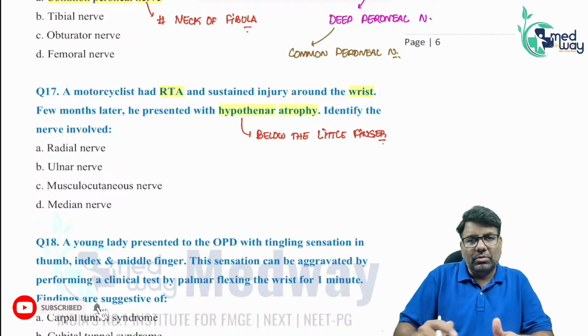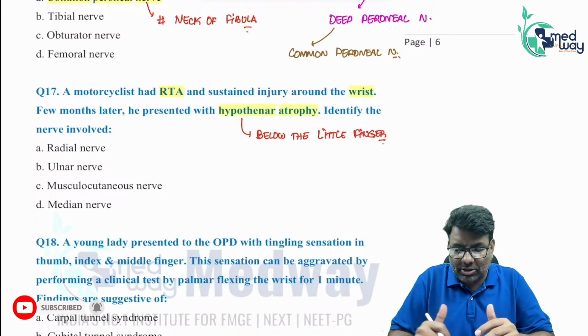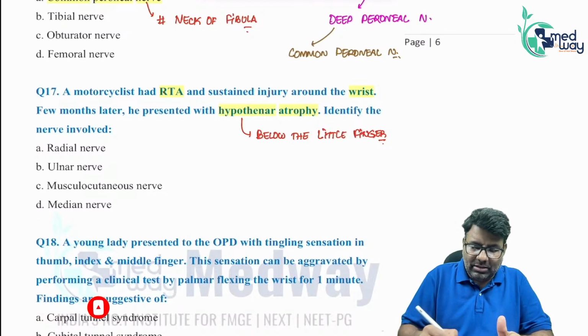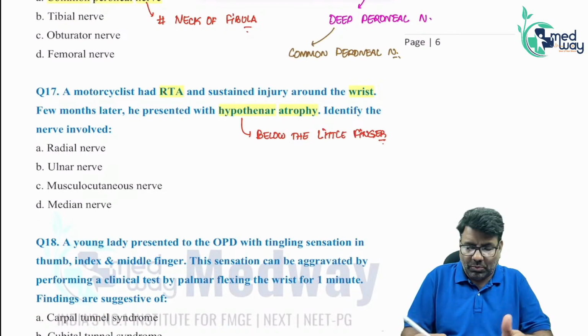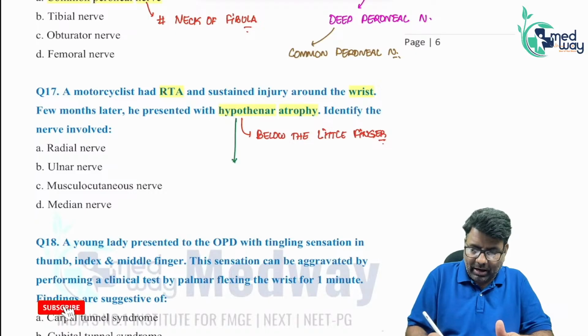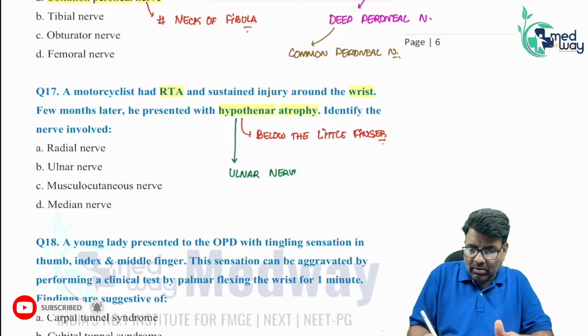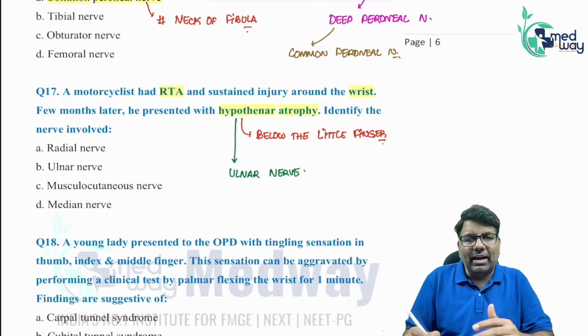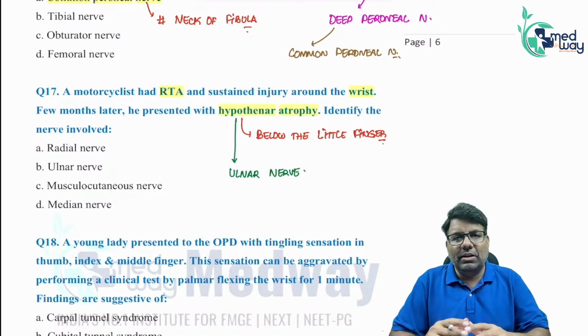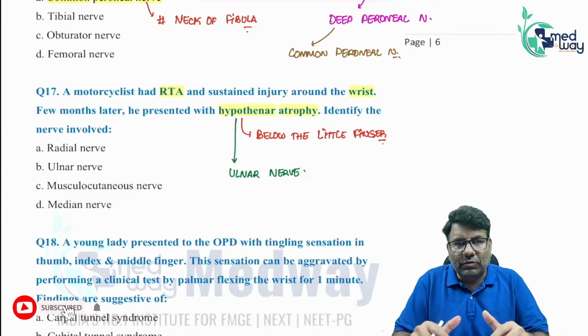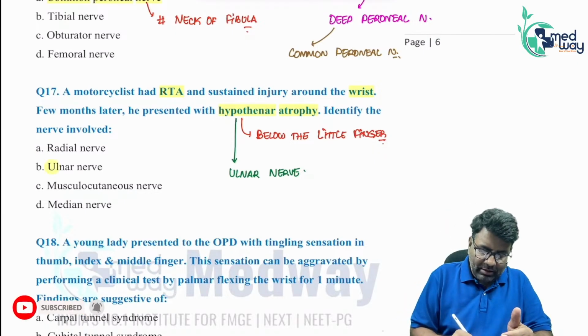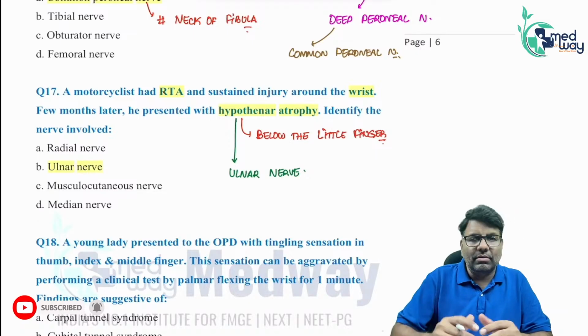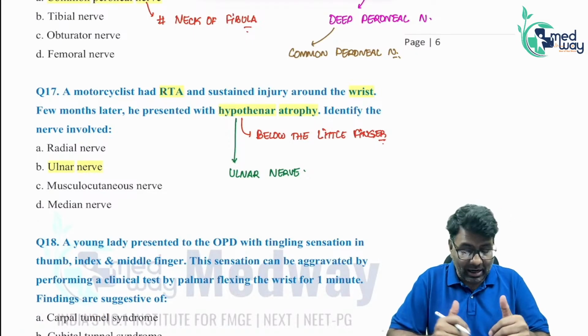That rounded prominence below the little finger is the hypothenar area, and this area is composed of muscles which are all supplied by the ulnar nerve. Therefore, if there is atrophy of this hypothenar area, you can say this is because of injury to the ulnar nerve.